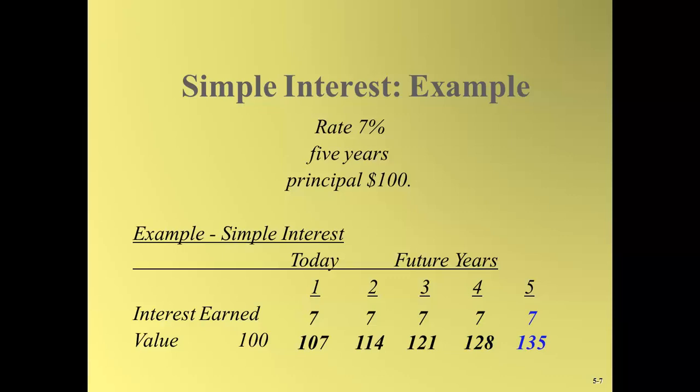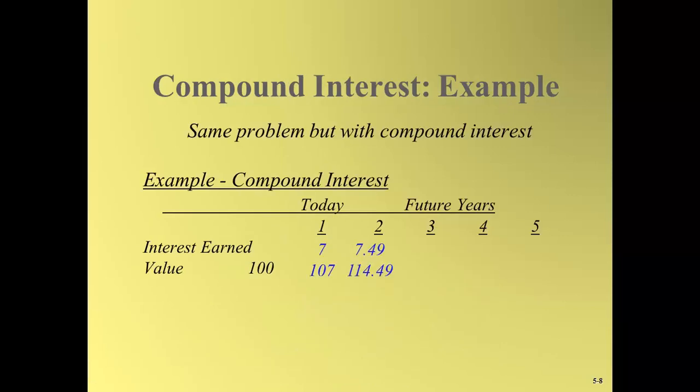However, with compounding, what happens is after the first year, instead of the $7 going into my pocket, the $107 starts earning the 7% interest. So the new interest that we earn is not just 7, it will be $7.49. The second term will become 114.49. And the 7% for the third year will be 7% of 114.49, which is 7.85 almost.